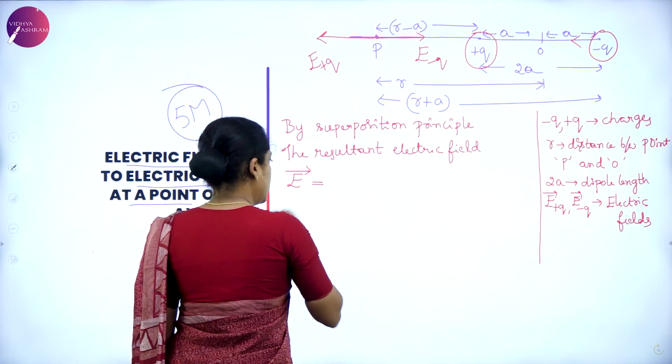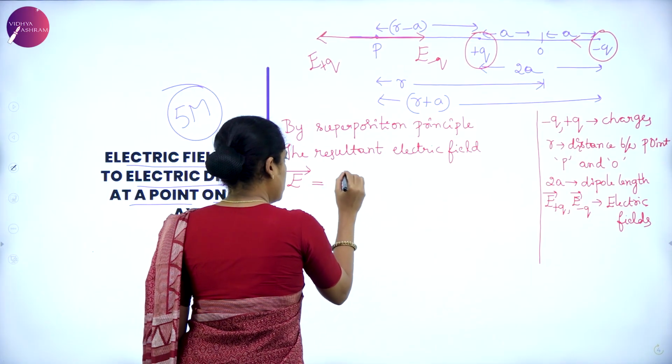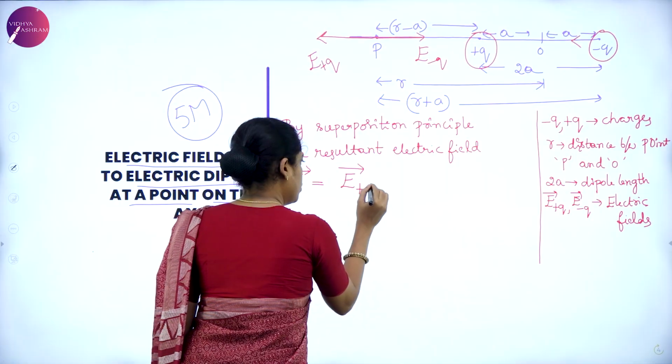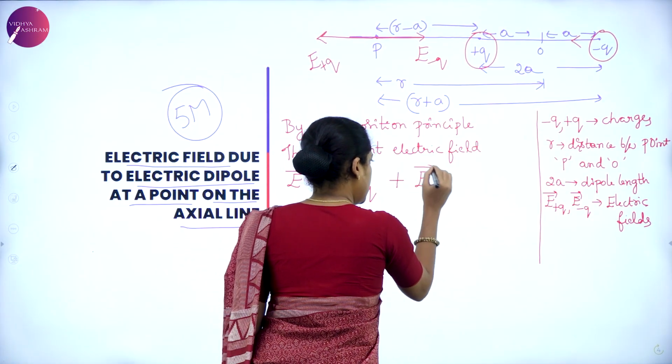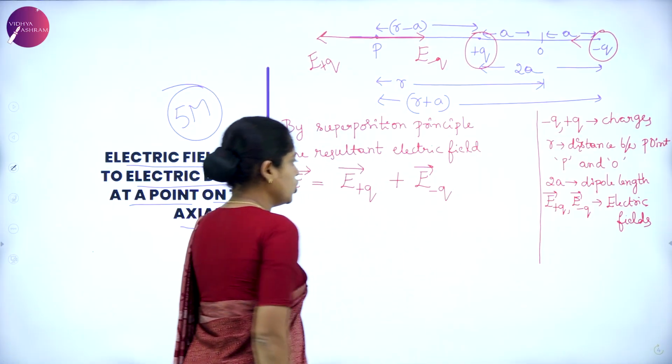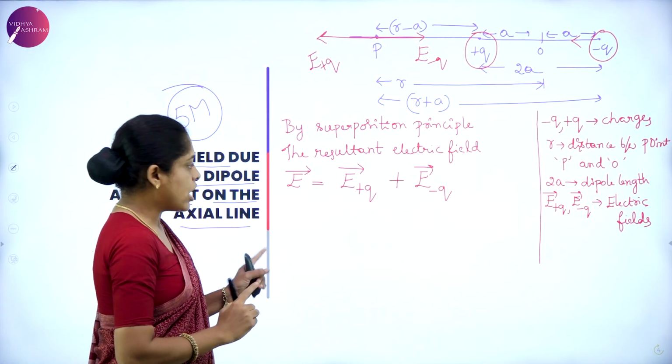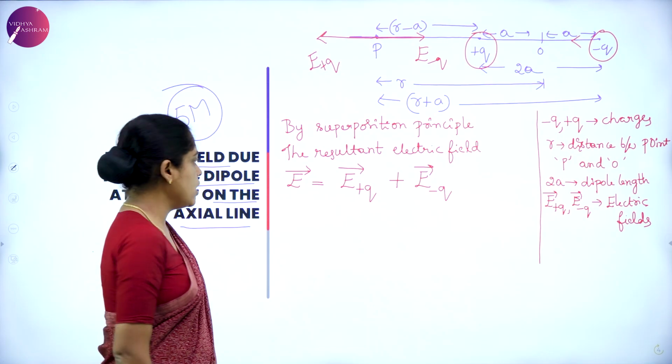So, vector E is equal to vector E due to plus Q plus vector E due to minus Q. Yes, we have applied the superposition principle.